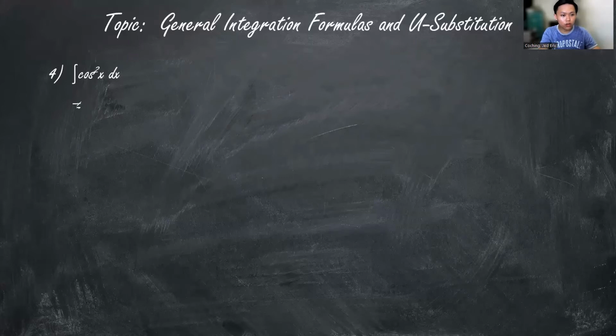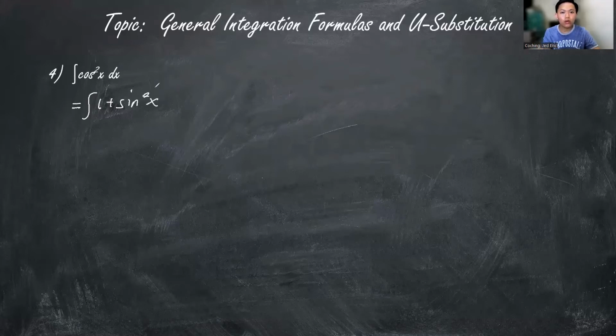So as I remember, cos squared x is equal to 1 plus sine squared x.